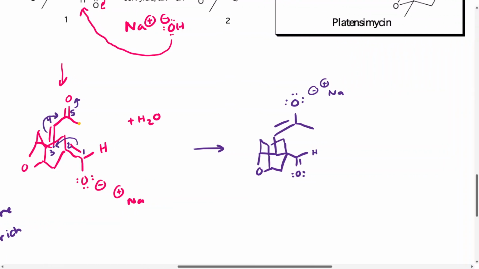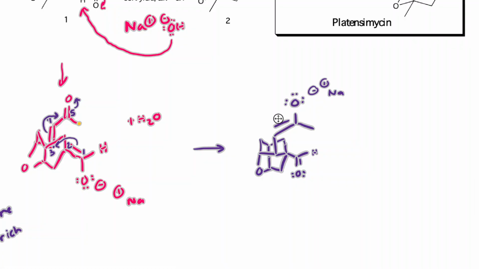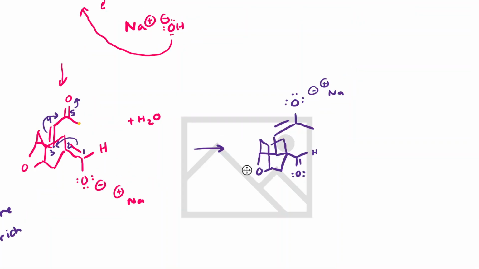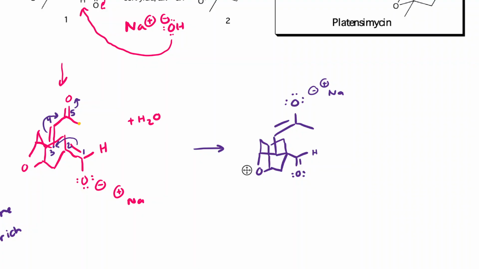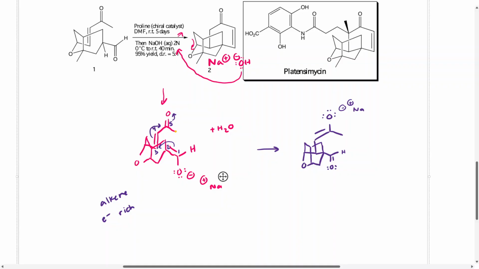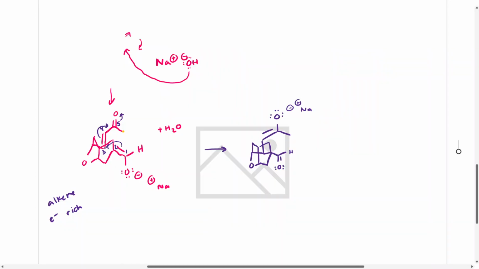So this is what we have as a result, and we can count what can happen. We still have water floating around. So we just zoom out.